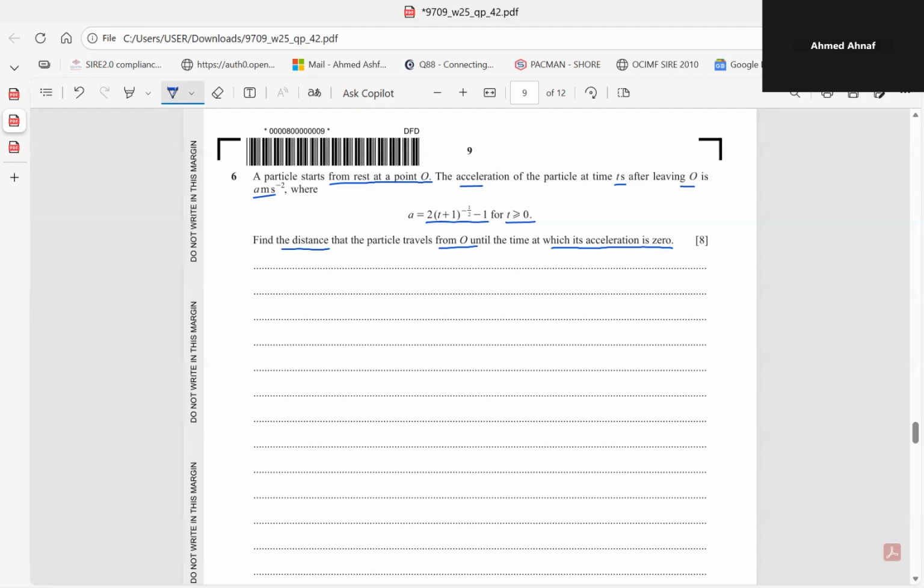Okay, so before we find the expression for distance or displacement, let's find this time that they're talking about first. So very simple, just substitute a equals 0 into your acceleration formula. So you get t plus 1 to the power of negative half equals half. Then just square both sides. You get t plus 1 to the power of negative 1 equals half squared, which is 1 over 4.